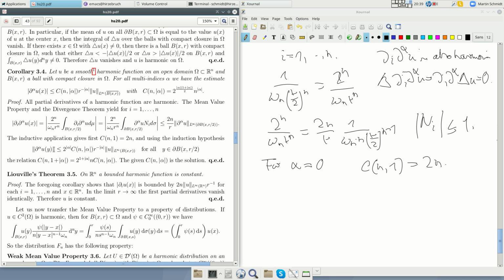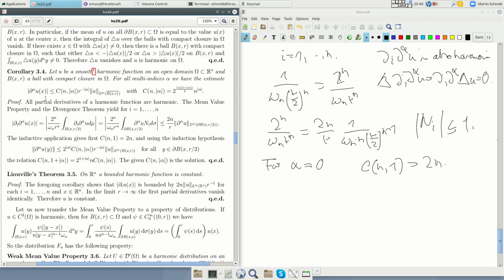And on the other hand, we may use this as an induction whenever we have a multi-index of length alpha plus 1. Any multi-index of length alpha plus 1 looks like this. So we obtain this estimate here, and now we use induction on the length of alpha.